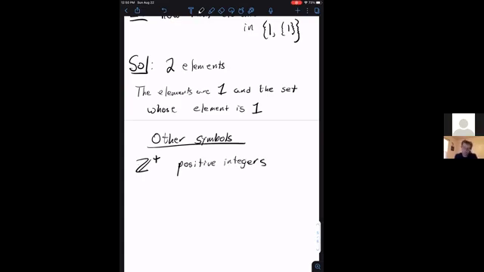I could do R plus, the R with the plus sign, and that's positive real numbers. If I do the minus, that's negative. I wanted to throw that out there because it's going to come up pretty soon here.